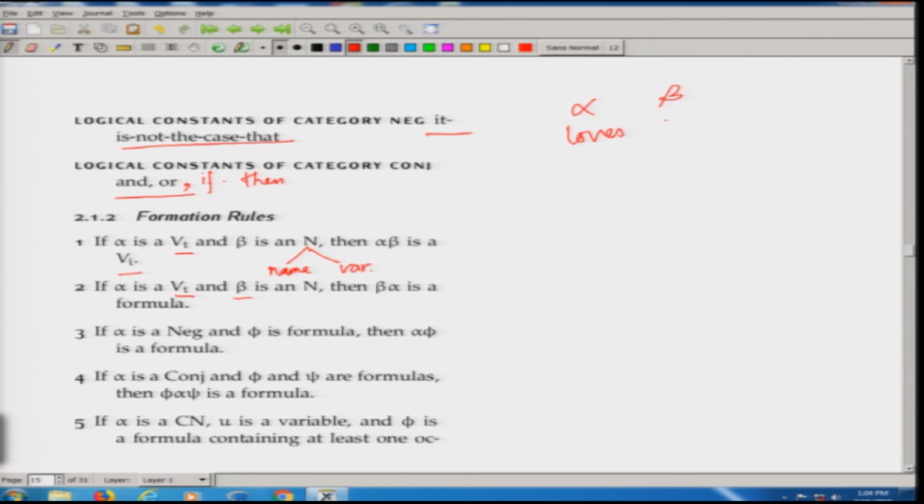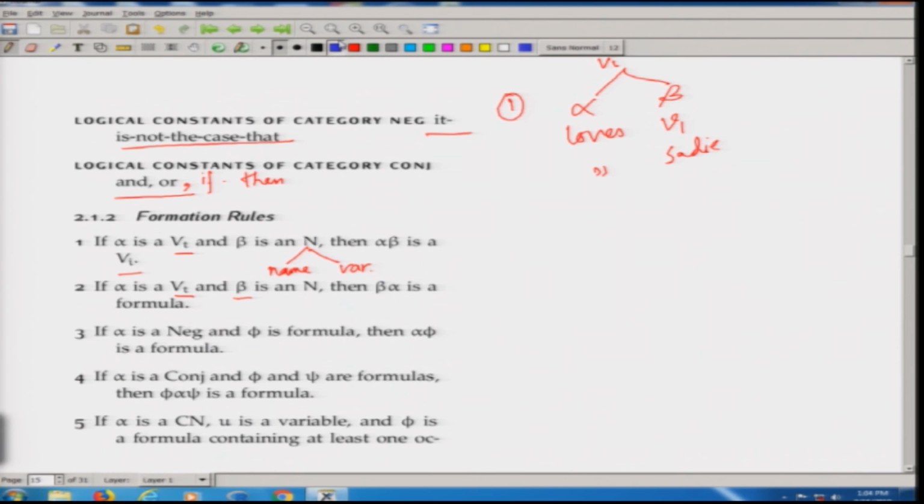You can have V1, or you can have Sadie. By combining this, alpha is a Vt and this is beta, then alpha beta is a Vi. So all these things are Vi's. Loves V1 or loves Sadie, these are Vi's. And then this is rule 1.